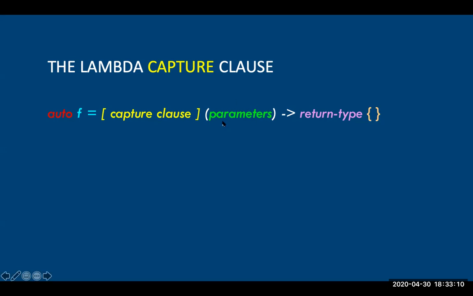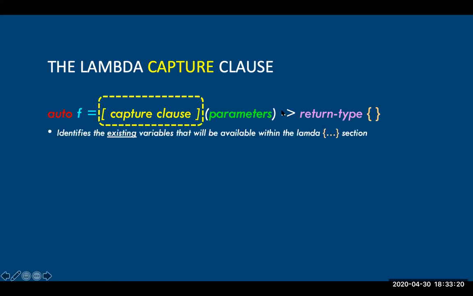We would probably only pass in the variable that we want to increment, right? And then I can optionally have the return type on there if I need to, which we'll talk about in a minute, okay? So that's our capture clause, right? It essentially identifies any variables you want to feed to the definition of the lambda. We're not calling the lambda here, right? We're just defining the lambda.